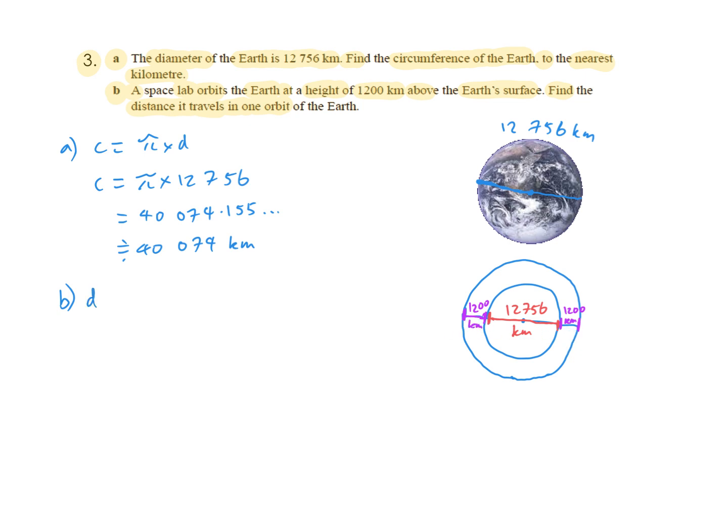So my diameter is equal to 1200 plus 12,756 plus 1200. That's my distance all the way across, because it's going around this big circle. So I go ahead and calculate that into my calculator.